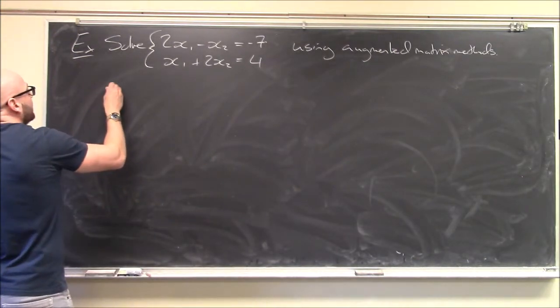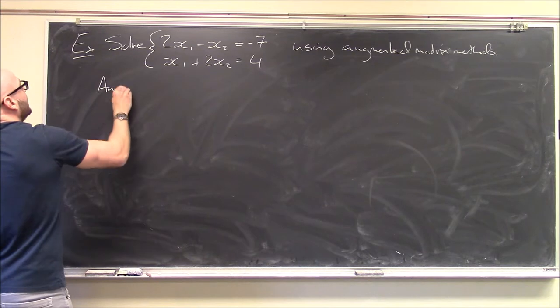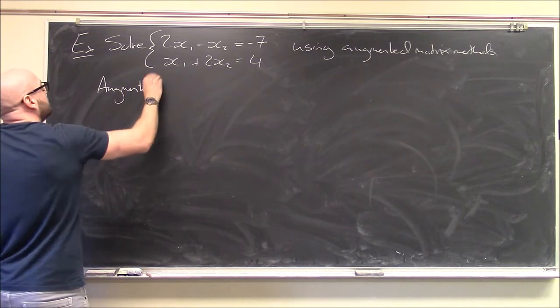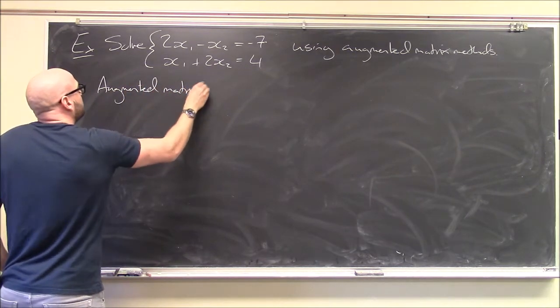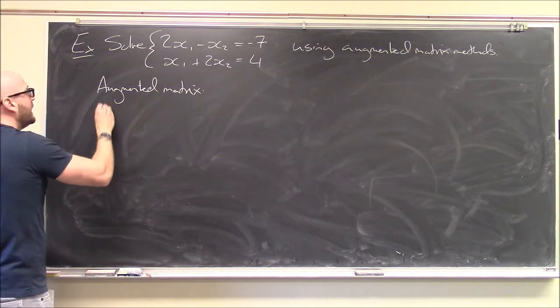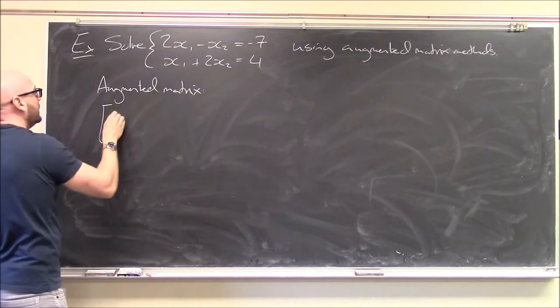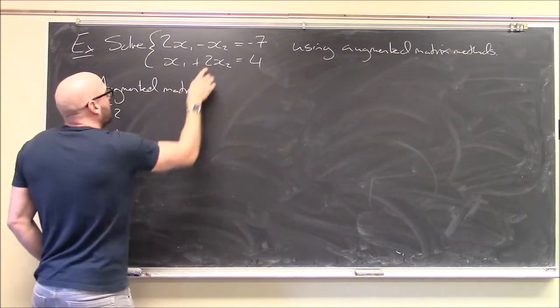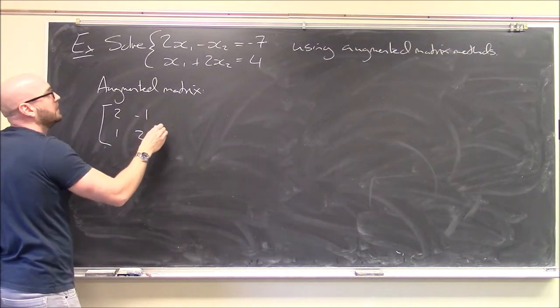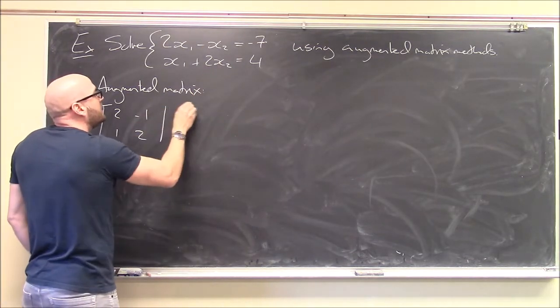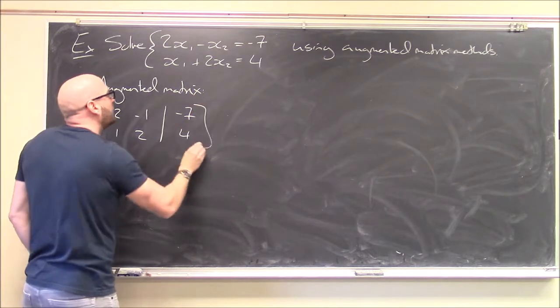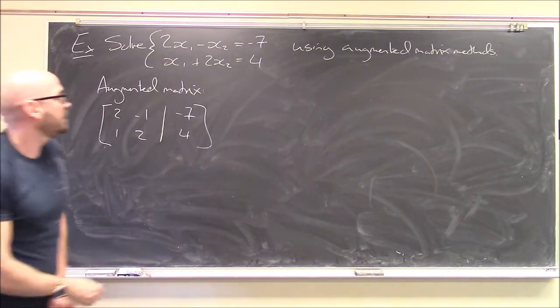So let's see. This gives us the following augmented matrix. What do we have? We've got 2 and 1 in our first column, minus 1 and 2 in our second column, augmentation bar, minus 7 and 4. And I'll tell you what the goal is.